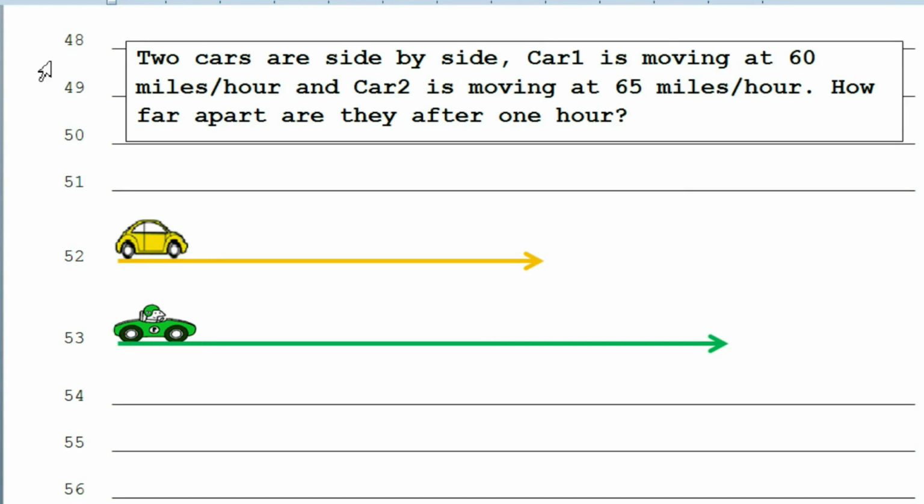And in this problem, two cars are side by side. Car 1 is moving at 60 miles an hour, and car 2 is moving at 65 miles an hour. How far apart are they after 1 hour? Write down what we know. We know car 1 is moving 60 miles an hour, and we'll put V1, the subscript tells us that it's car 1, is 60 miles an hour.